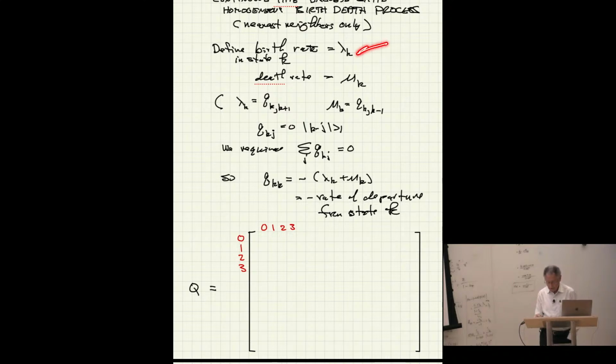What's the rate at which you get births? Lambda 0. So that's what I'm going to put down here. Anything else in this row have a value?